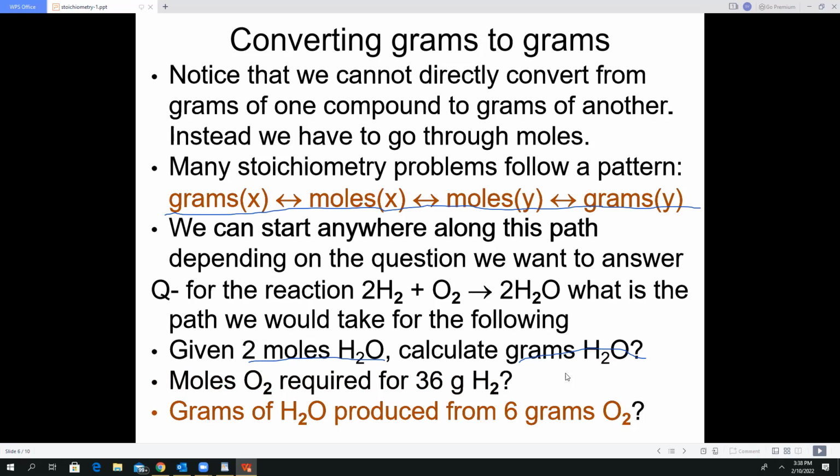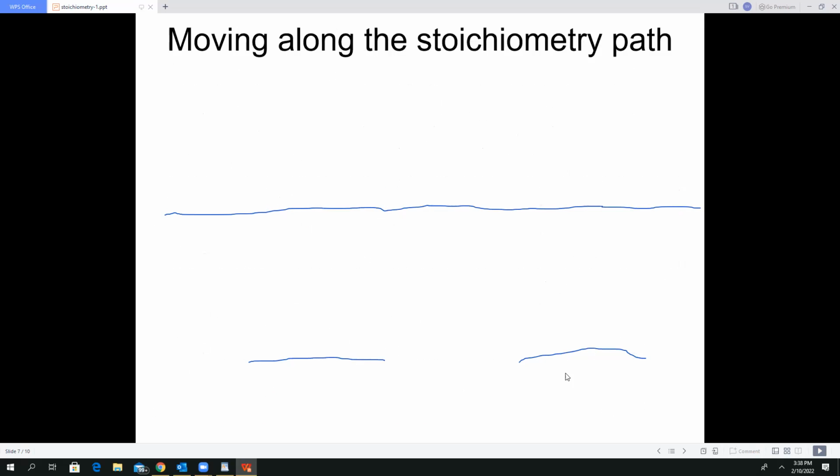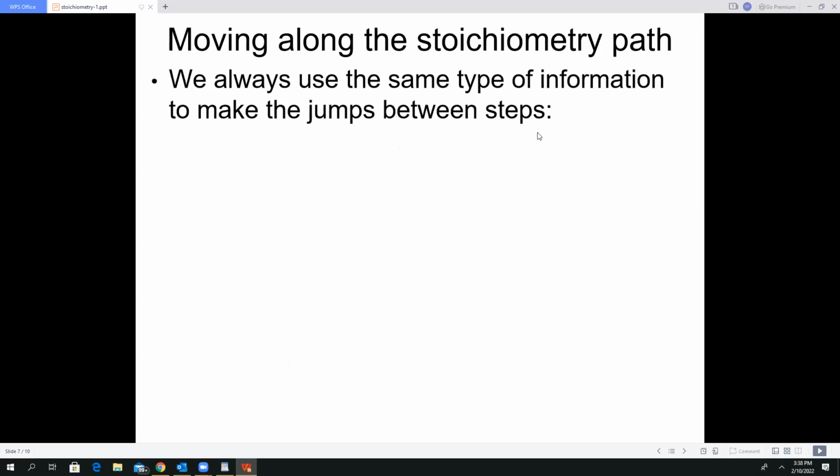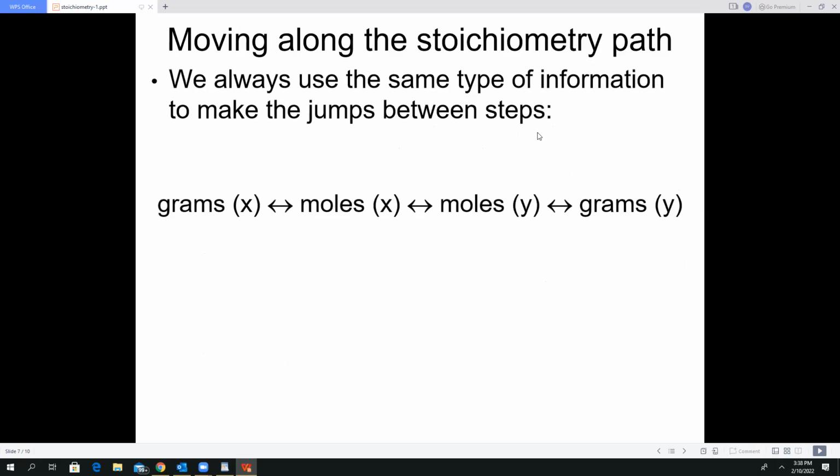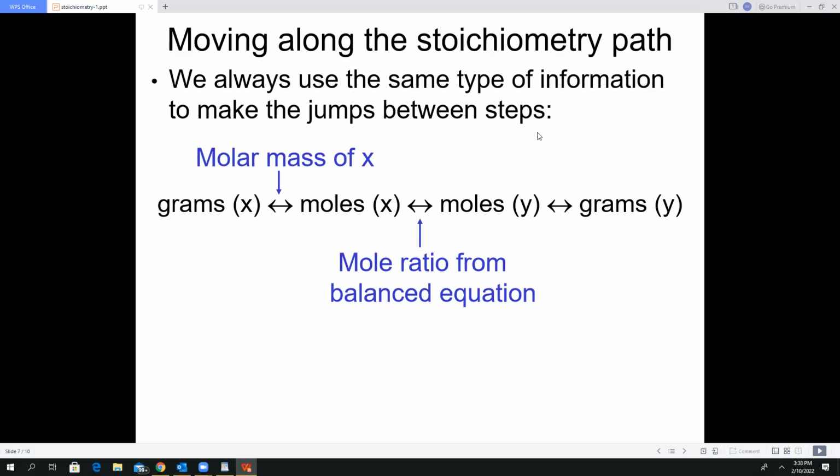All right, so as you go, let me clear all that. Okay, we have more to do. So this is helpful right here. That pattern now has those arrows. Those arrows are your conversions. That one you need the molar mass of X. For this one, you need the molar ratio from the balanced equation.